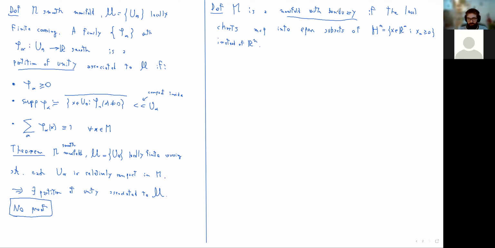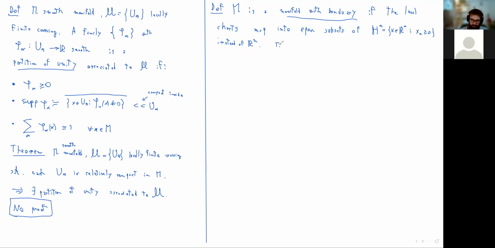So what does it mean? Okay, I made it very short. You look back at the definition of manifold. So M is basically the same as a manifold, but normally the local charts map into open subsets of R^n. Instead of taking that, you take open subsets of this closed half space.